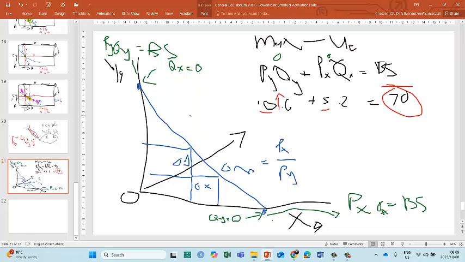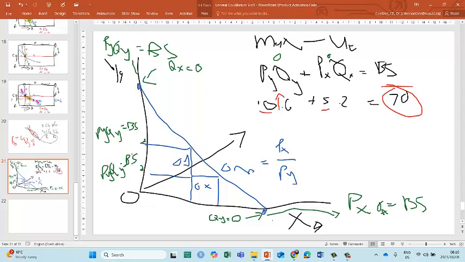You're happy with that so far. Therefore, this position and that position are exactly the same. At this position, Py times Qy is equal to your budget constraint. I put an S, it should be a C, but let's keep on with the S. At that point, it's also Px times Qx equal to your budget constraint.